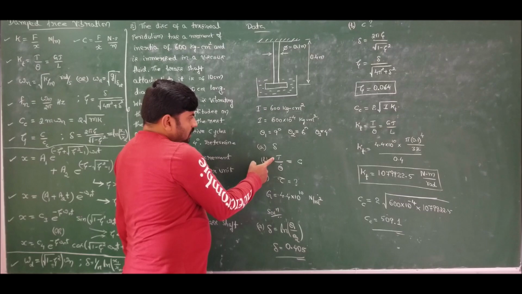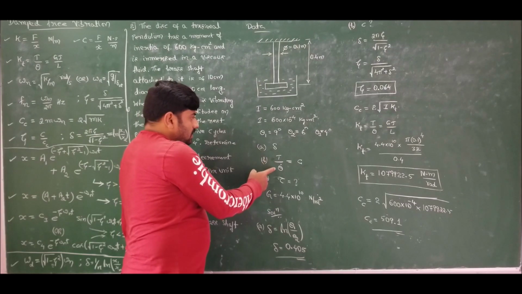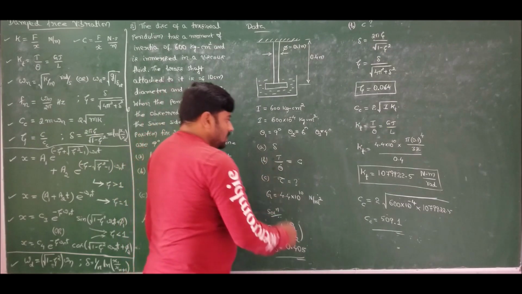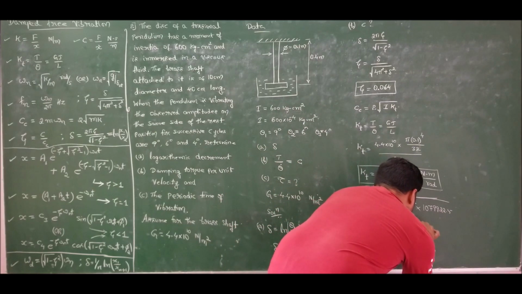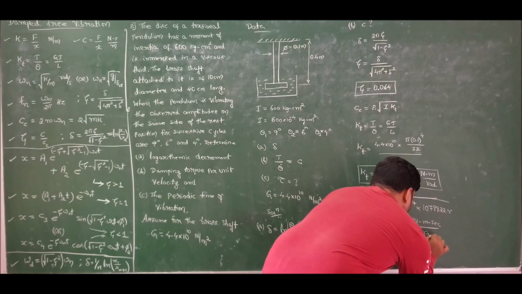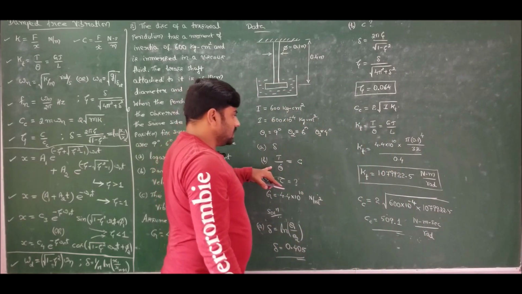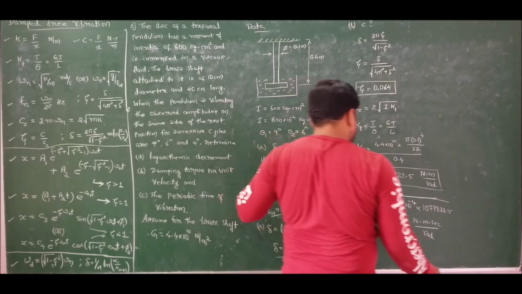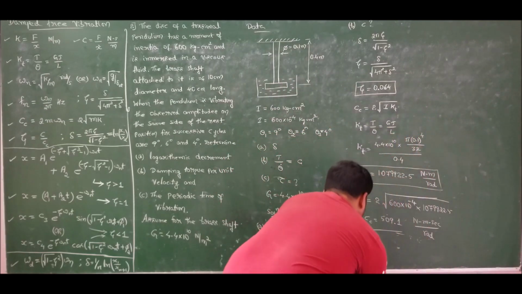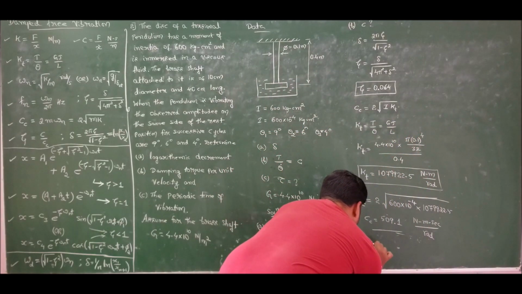What is the unit? Torque is Newton meter, theta dot is radians per second, so hence the unit will become Newton meter seconds per radian. Now I can find the value of actual damping coefficient, that is, C will be zeta times Cc.